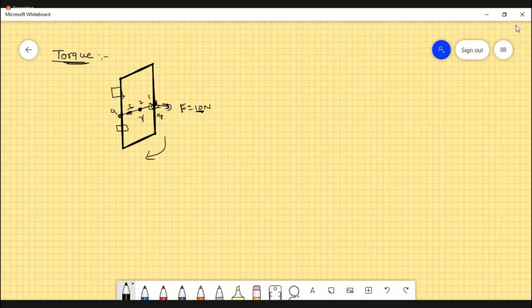At 4, there is no motion of the door. So what I did here, the force remains the same, but the rotation is different at different points. At the first point, it is more.